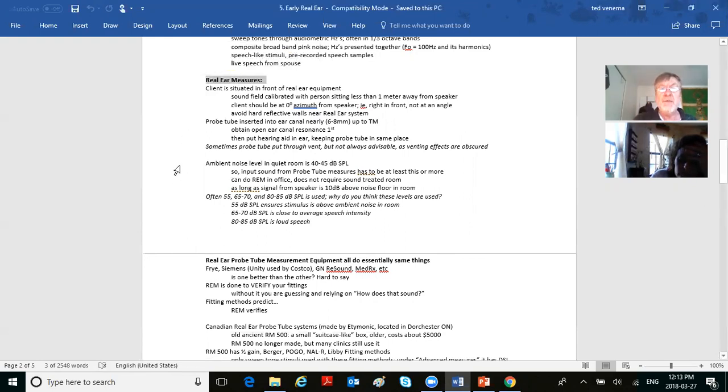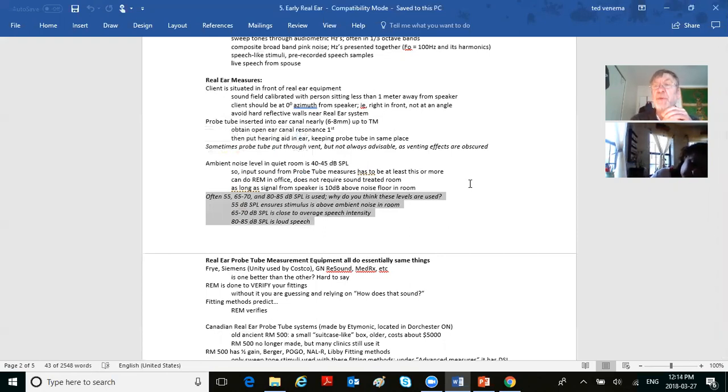Here are your inputs that are often used. Ambient noise level in a room. Okay, actually it's 35 to 40, not 40 to 45. It's 35 to 40. Okay, so all input sounds from probe tube measurement should be at least this. Look at these guys here. I put a star by this one too. You know why? Because the bottom here, this really refers to today's real ear as well.